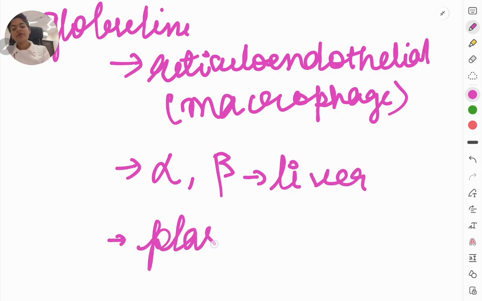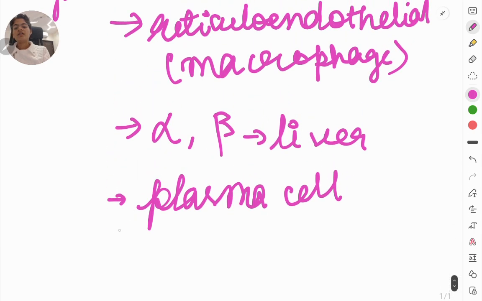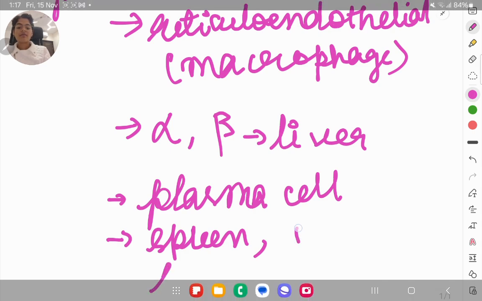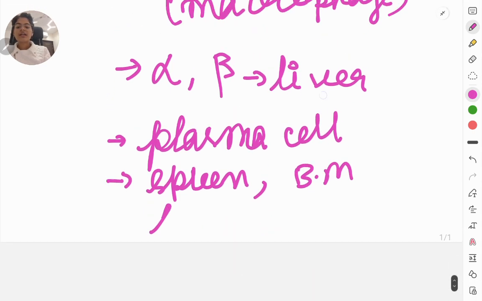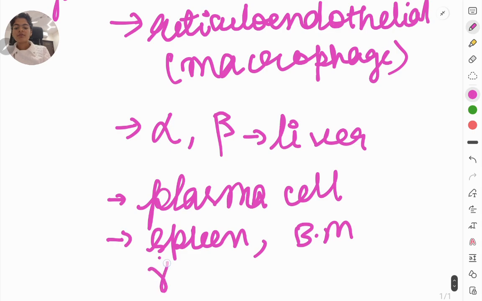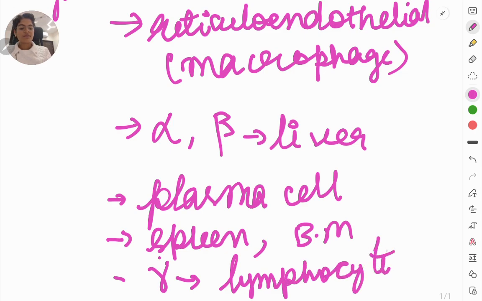Plasma cells also contribute in the formation of plasma protein. Spleen and bone marrow. Also, the gamma form is formed from the lymphocyte. So this is something you need to know. So it's really very simple. Think logically.